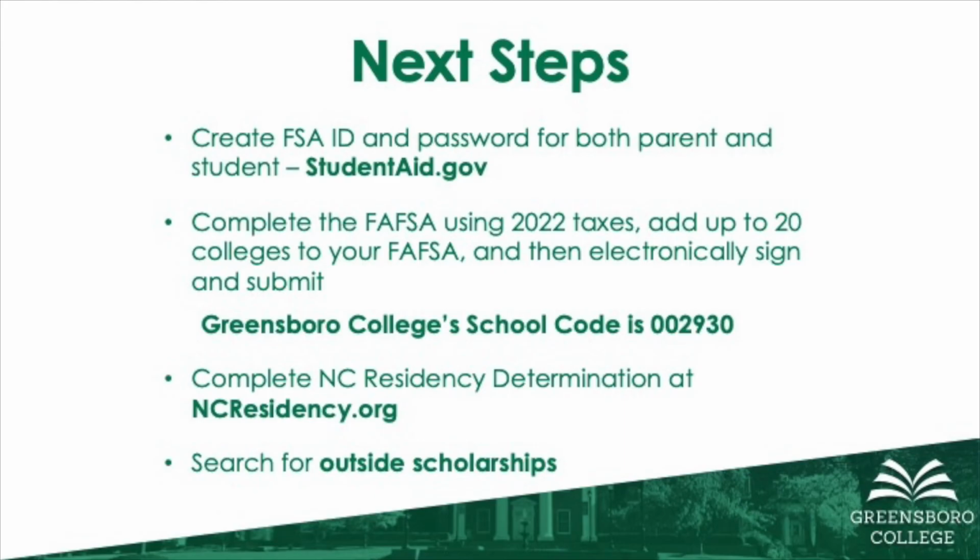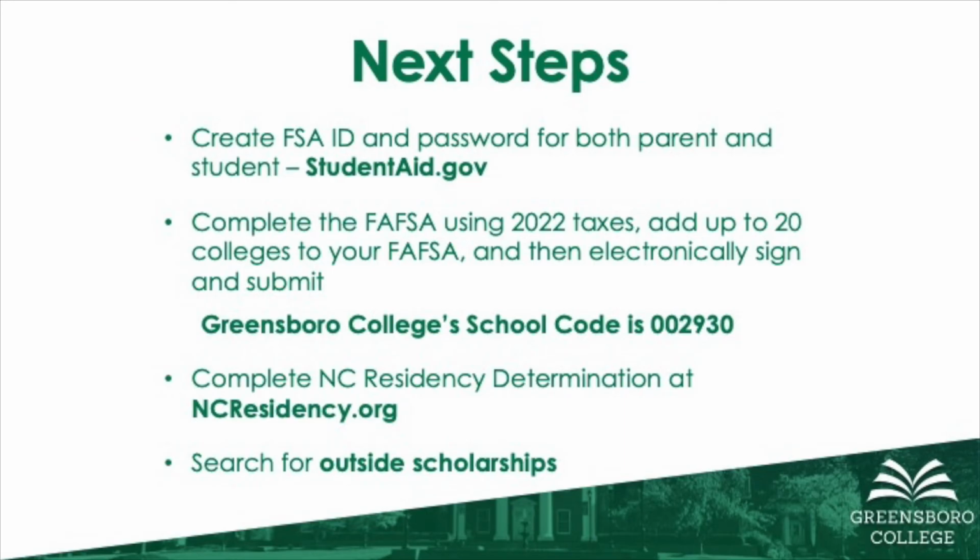What are your next steps? Create an FSA ID and password for both parent and the student at studentaid.gov. Once the FAFSA is opened, again, we're saying January 1st, complete the FAFSA using the 22 tax information. You can add up to 20 colleges on your FAFSA.